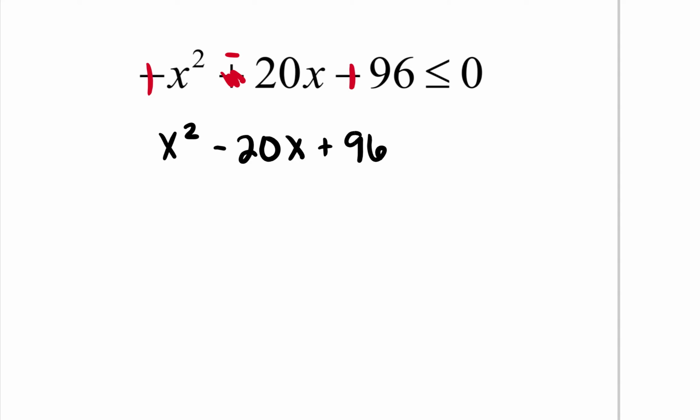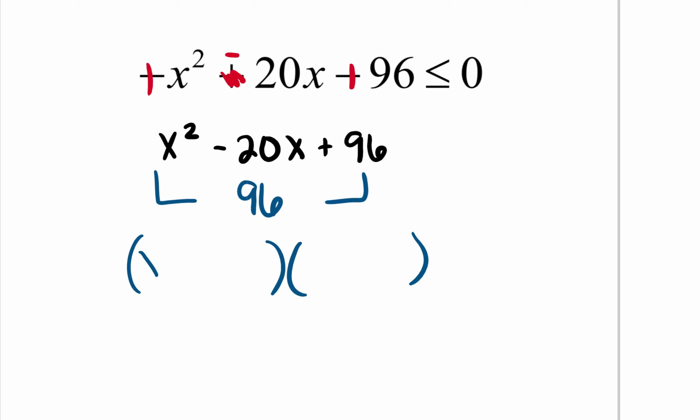Okay, I'm going to factor this. So I do first times last. Same thing, right? Like the exact same thing. So I know I have x plus 12, x plus 20, not 20, 8.